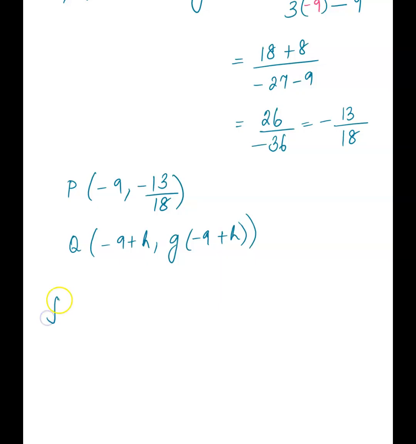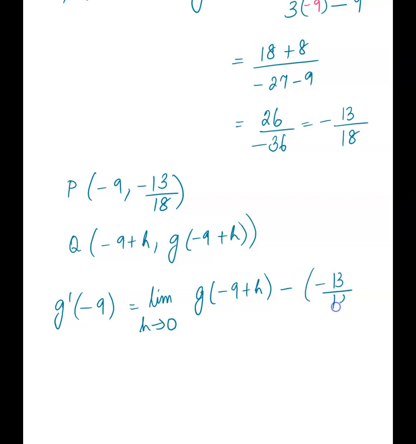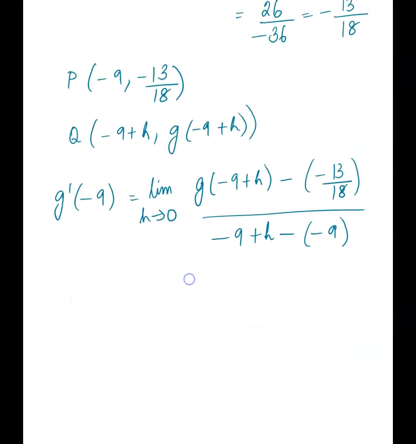And so we say g prime of -9 is the limit as h approaches 0 of g of -9 plus h minus -13 over 18, divided by -9 plus h minus -9. Look at the double negative there.